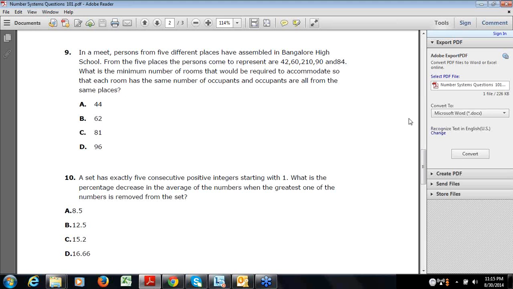That means we have to first find out the HCF of these. What will be the HCF? You can easily see, it will be 6. And now it is asking what is the minimum number of rooms.